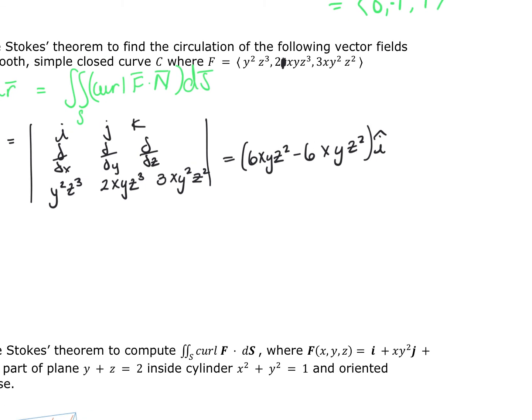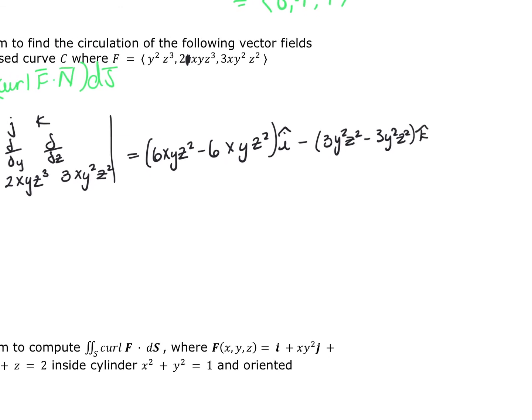And then plus or minus in the j direction, 3y squared z squared minus 3y squared z squared, which again is going to be 0.